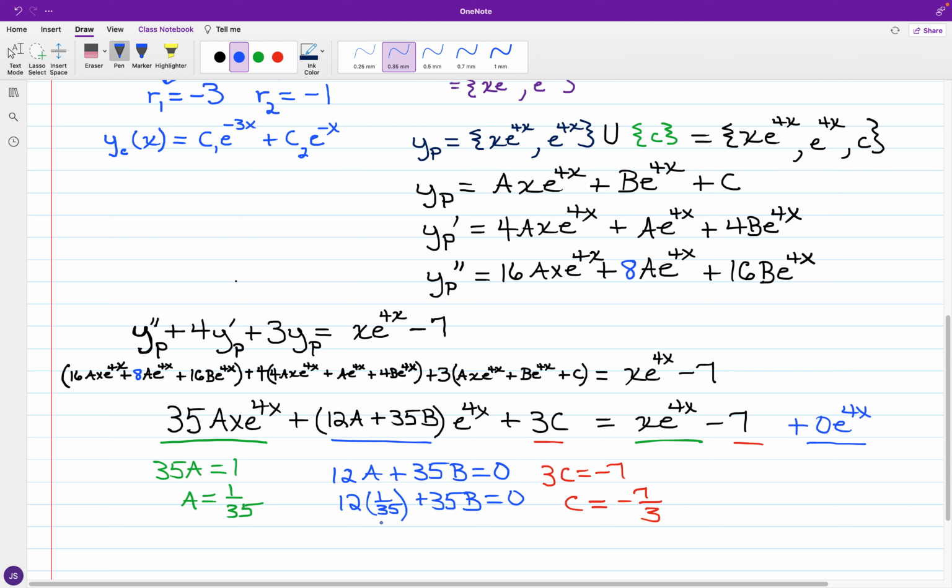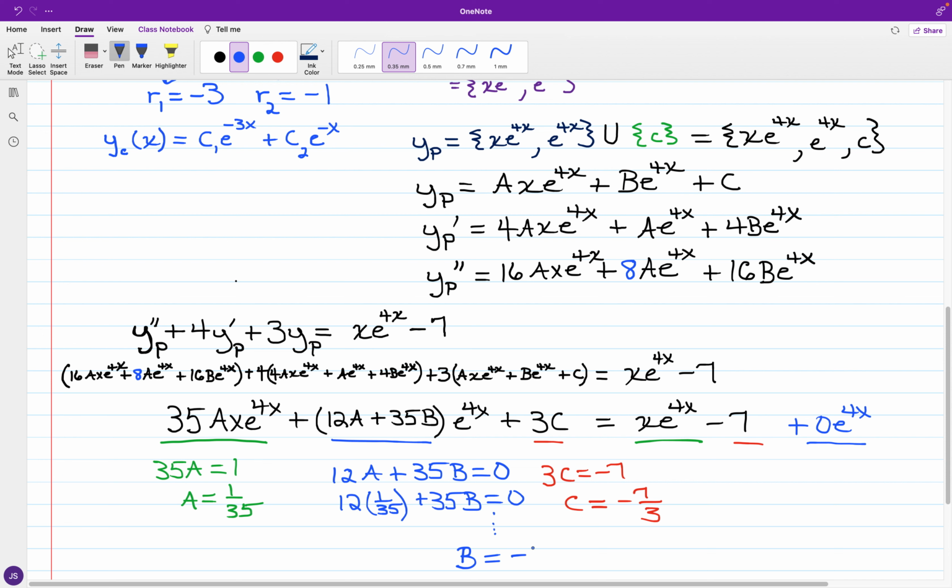Now a is 1/35, so we have 12/35 plus 35b equal to 0. For b, 35b is equal to -12/35.